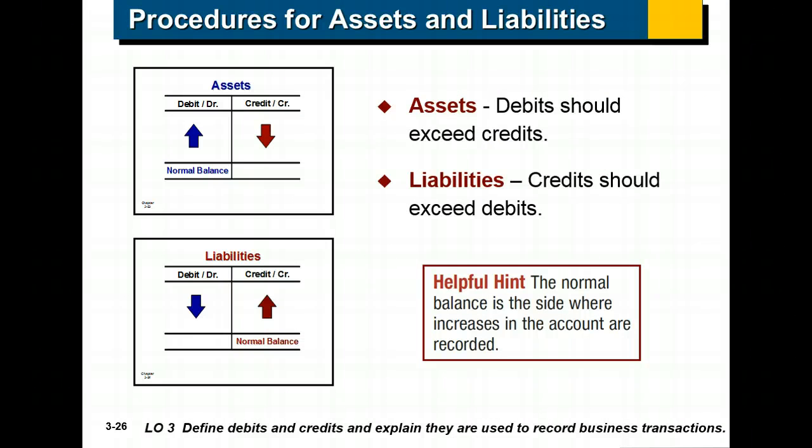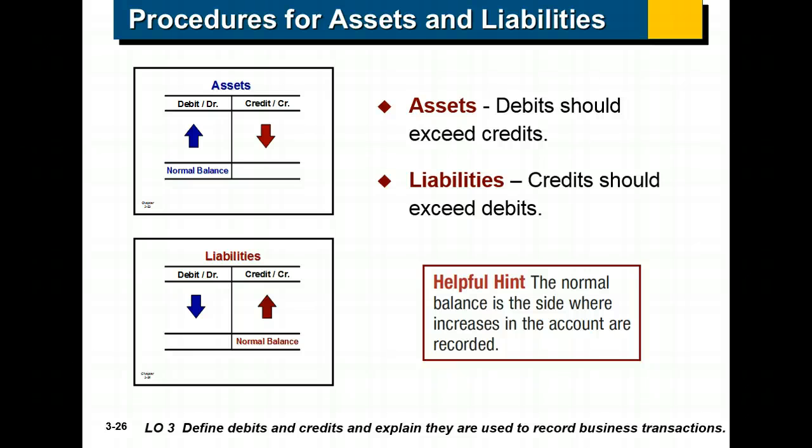Now, I'm going to tell you this. The normal balance is the side that increases. Okay? So let's just say when we receive supplies on account, what happens to our supplies? They increase.